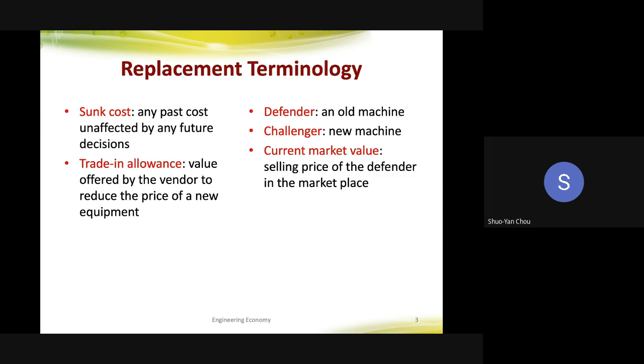The numbers may not be precisely correct, and the approach, in terms of detailed computation of the exact cost or benefit, may not be exactly correct. But for the time being, we simplify that part only to show you the framework of the decision and how the decision can be made accordingly.